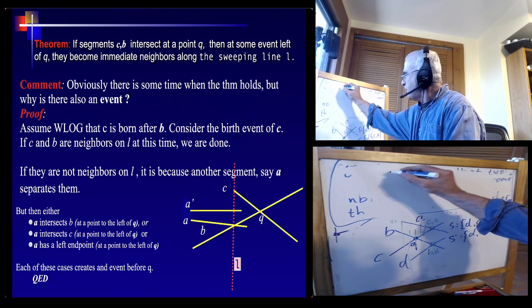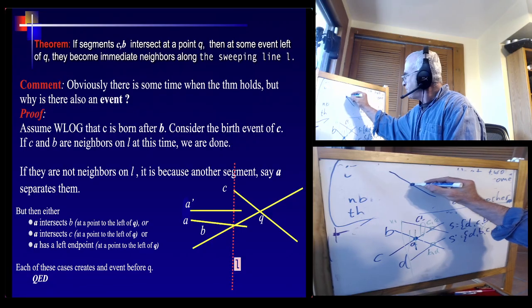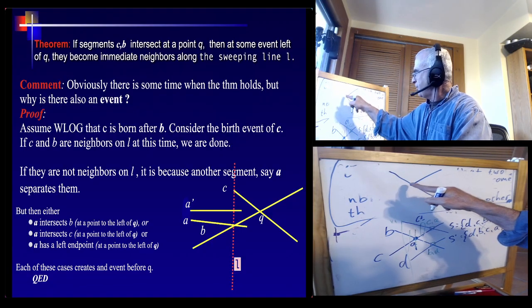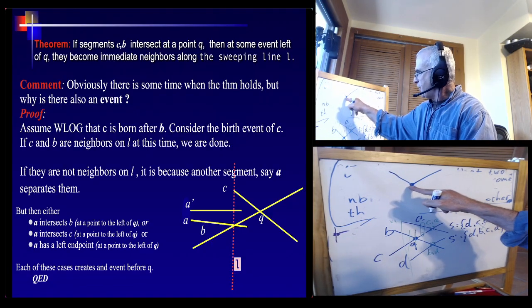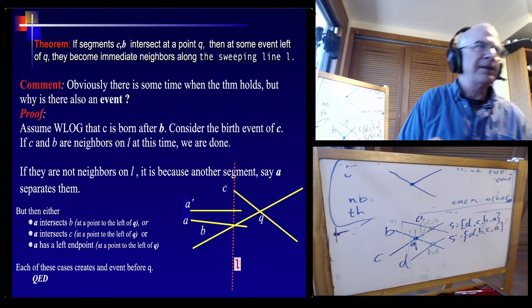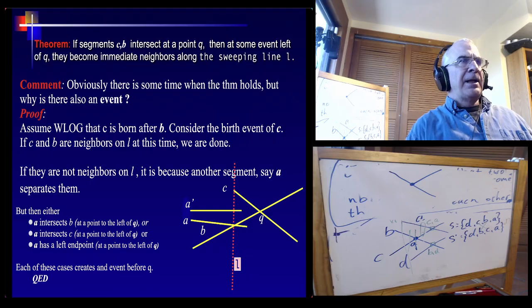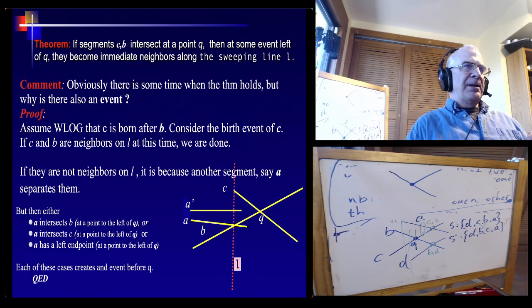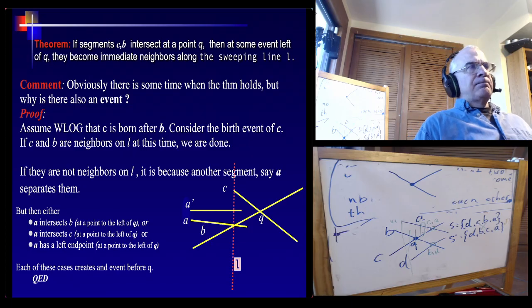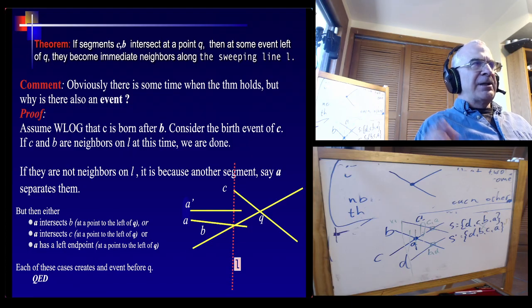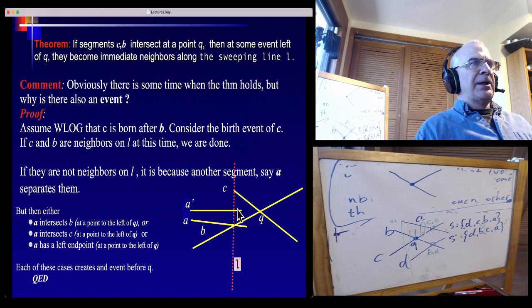I'll assume right now that the case where the intersection point is also the birth event doesn't happen. Once again, if I don't make this assumption, it doesn't make the algorithm any harder. Maybe it just requires paying attention to these cases as well, but everything else is completely correct and just as simple.